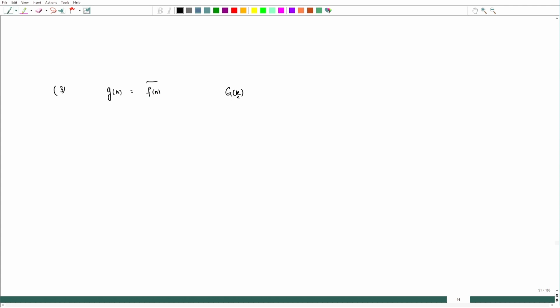So, this is summation n equal to 0 to n minus 1 f of n bar e to the power minus 2 pi i k n by n. Now, if I take the bar whole outside, then this is f of n e to the power 2 pi i k n by n. So, again this is equal to f hat of minus k, bar.